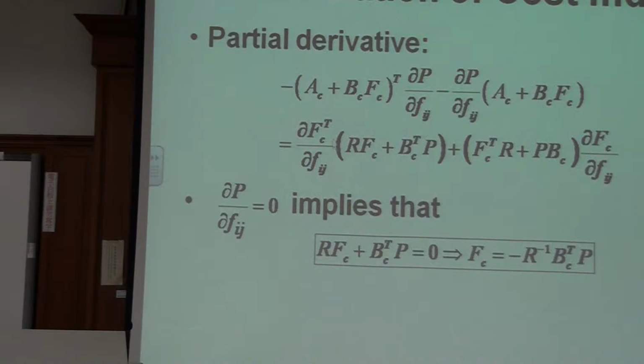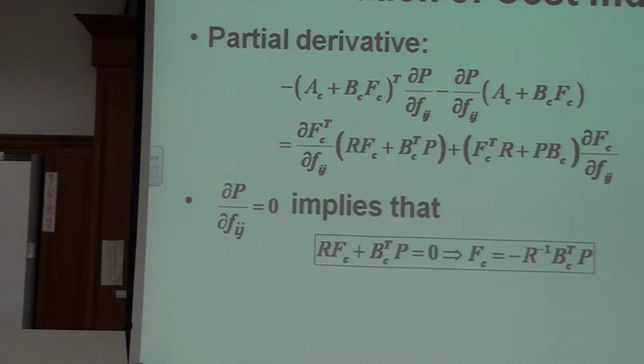FC is the matrix for the Fij. So this term will be 0, and that term will be 0, because you have n times m terms here, and n times m terms here. But if this equals 0, this won't be equal to 0, that means that has to be equal to 0.